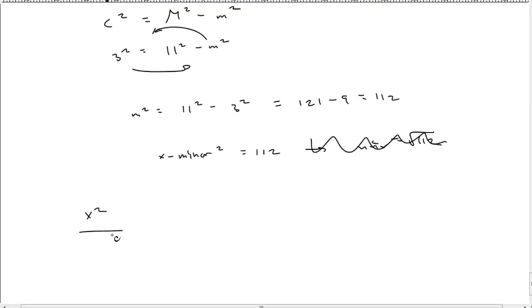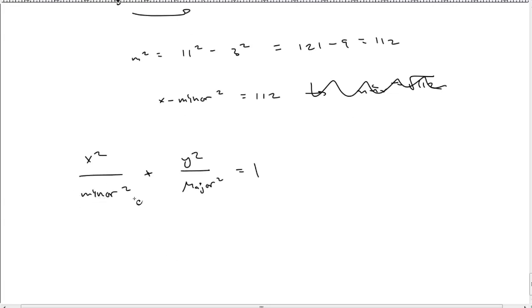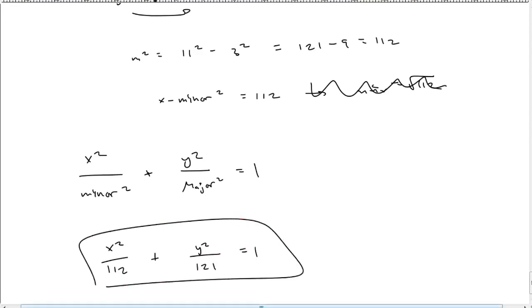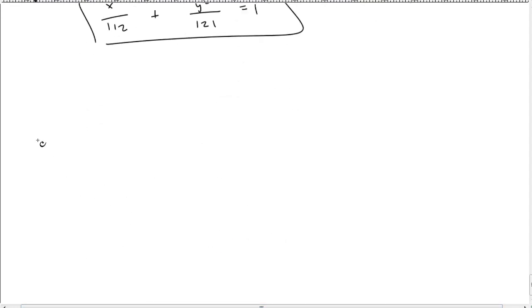Because it's an x minor, your format for the equation looks like this, and I have minor squared straight up as 112. I don't have to do any other math. My major squared, again, that was 11 squared, it's 121, and there you go, you're done. You don't need to find foci because they gave them to you.